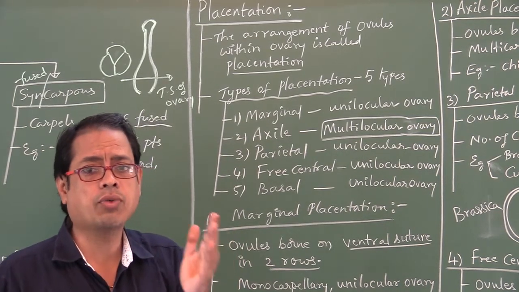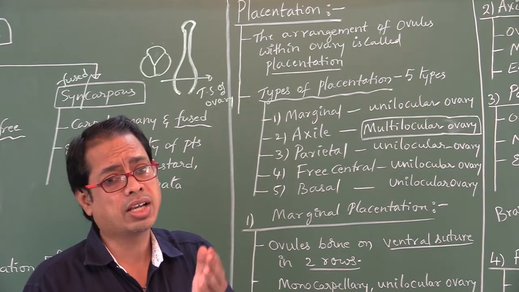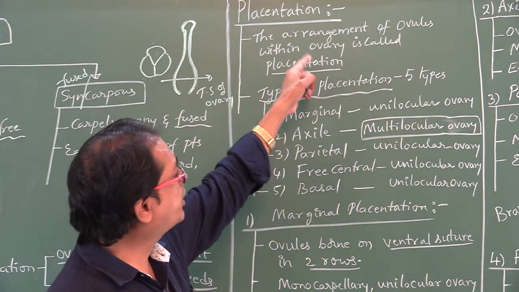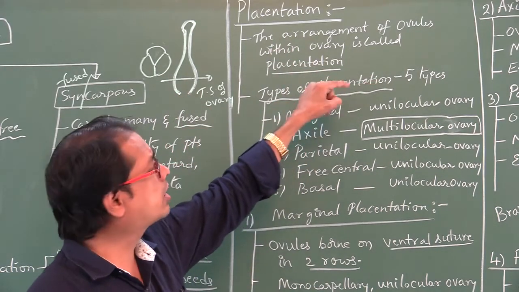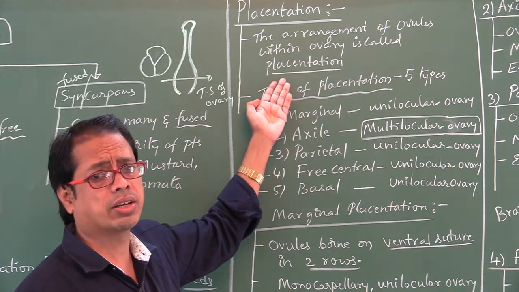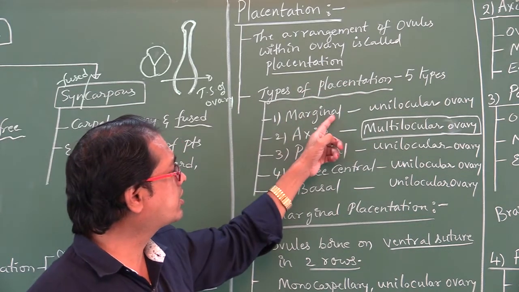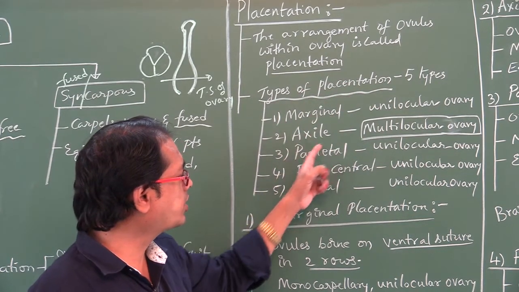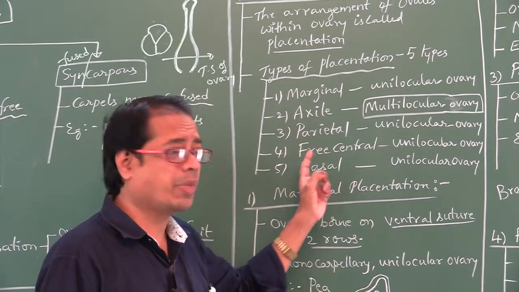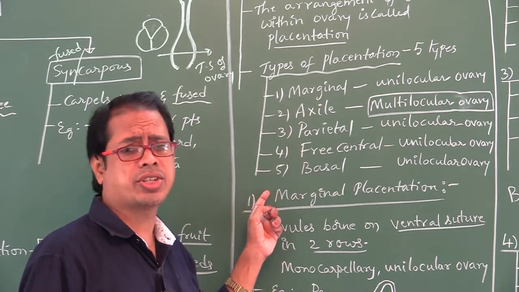The arrangement of ovules on the placenta inside the ovary is called placentation. Types of placentations, 5 types: marginal placentation, axial placentation, parietal placentation, free central placentation, basal placentation. Total how many types? 5 types of placentations are there.